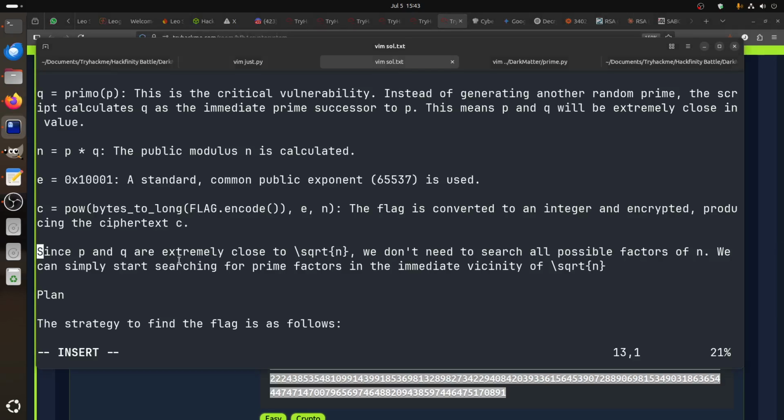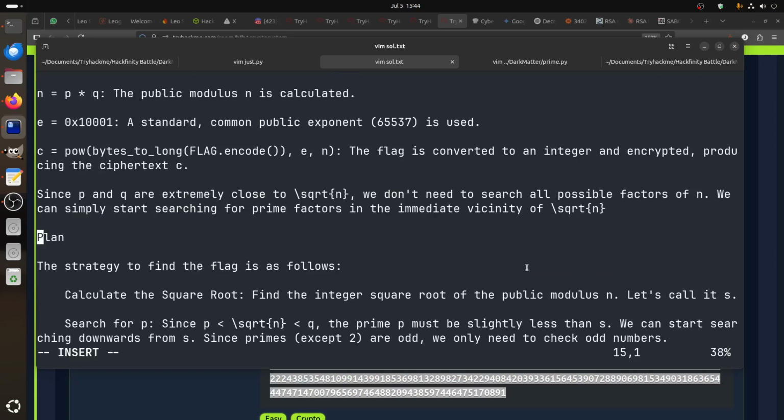Since P and Q are extremely close to the square root of n, we don't need to search all possible factors of n. We can simply start searching for prime factors in the immediate vicinity of the square root of n, because the square root of n multiplied by the square root of n gives n. So P and Q would be very close to each other in that region.